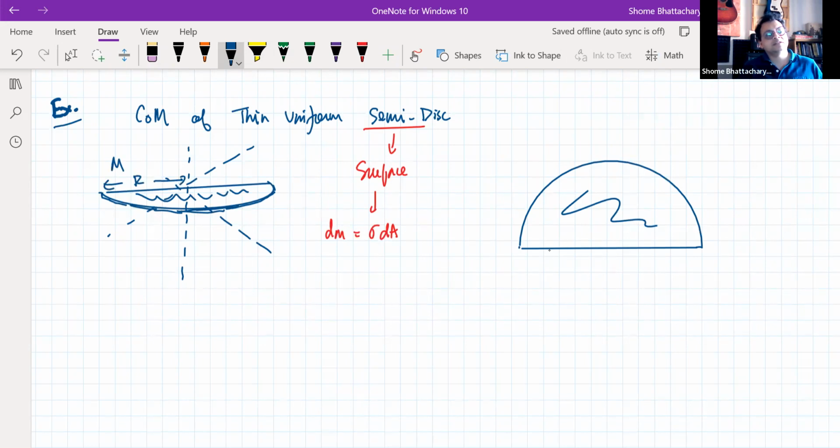So once again, we take the bisector as our y-axis, the center of curvature of the semi-disk as our origin. So in that case, sigma will be total mass upon total area. So area of the semi-disk surface is pi r square by 2.